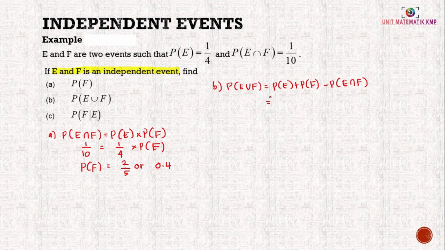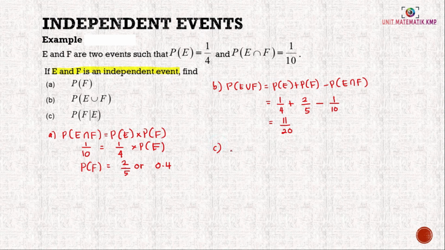So PE union F. So PE kita ada 1 over 4, and PF we already calculate in the first part A. So we got 2 over 5, and then minus with our intersect 1 over 10. So using your calculator, and then you akan dapat 11 over 20.